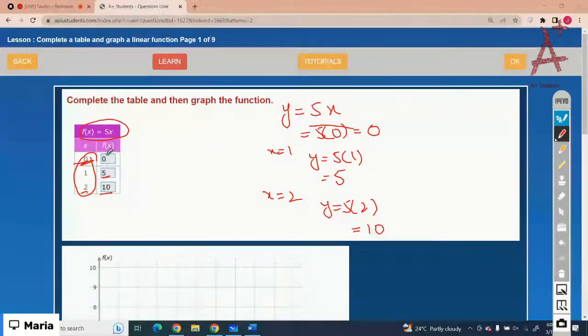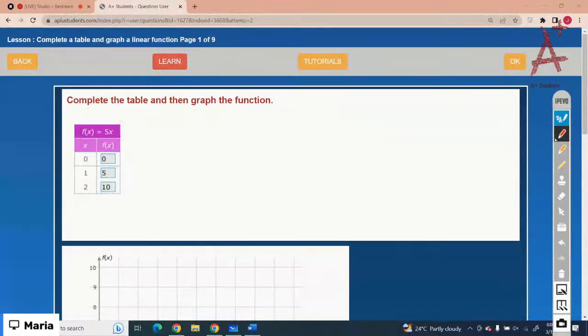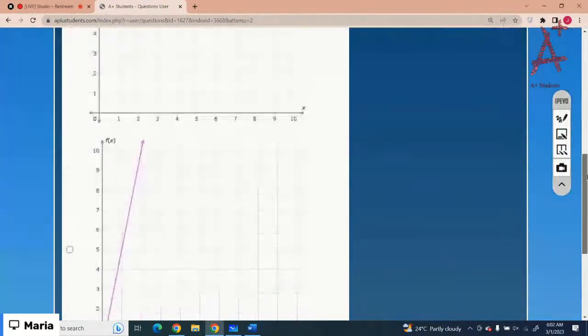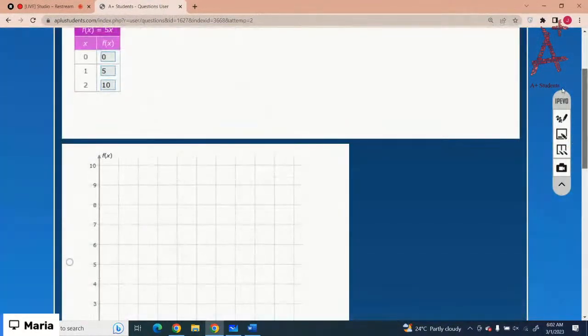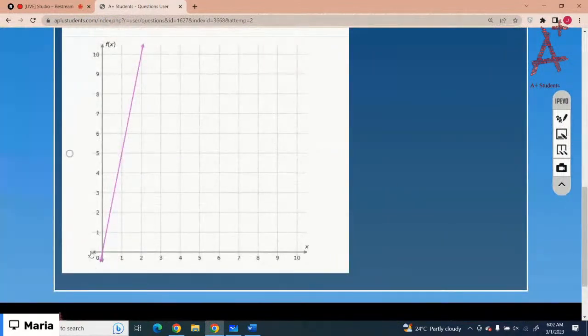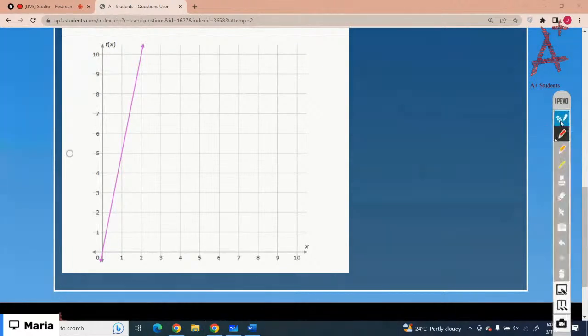Got it? Now just look at these points in the graph and see which is the correct option. The values are 0, 0, 1, 5 and 2, 10. So the graph you are given is 0, 0. This is the point 0, 0.